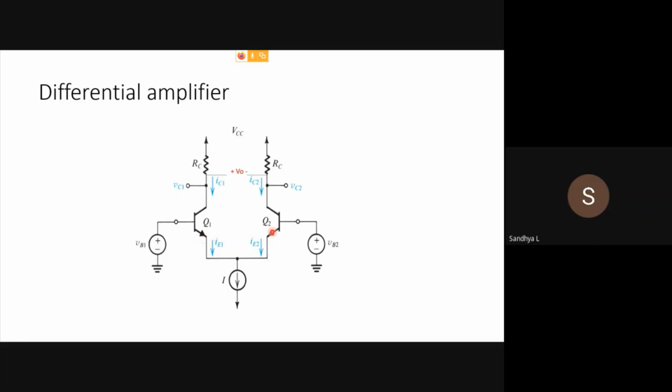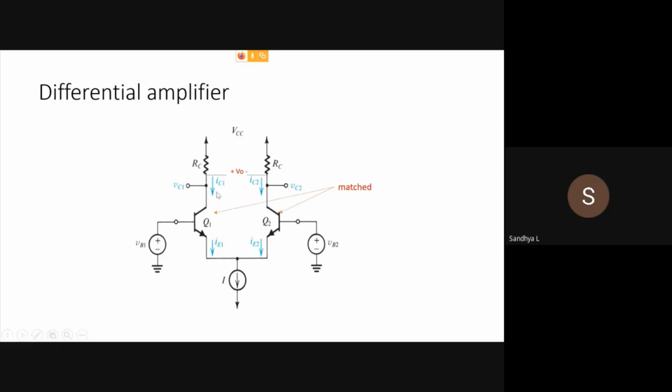These two transistors have their emitters shorted, and you have a tail current I flowing through the emitter of these two transistors, and this is minus VEE. You have two base voltages VB1 and VB2 connected to either of the transistors. The collector voltages are called VC1 and VC2.